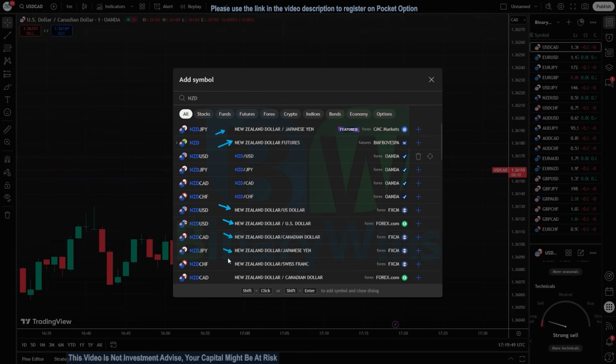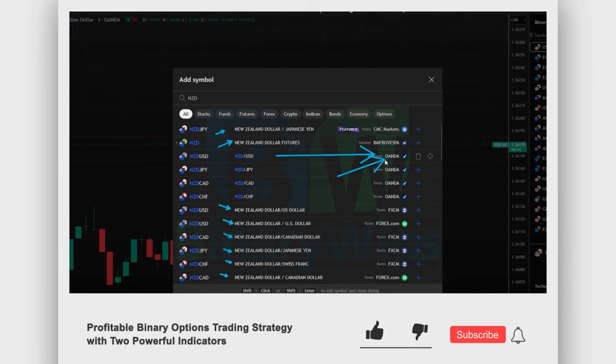Because there will be differences in some candles between different references in a certain time frame and interval, but the most similarity between the Forex market chart and the main market currency pair in the binary options chart is in the OANDA reference. So, when choosing currency pairs, we go to those that have the word OANDA written in front of them.